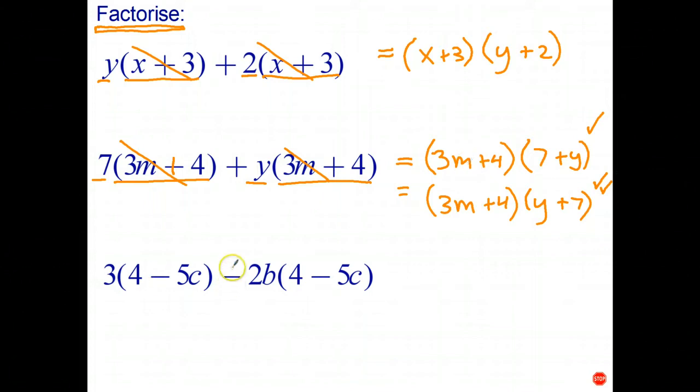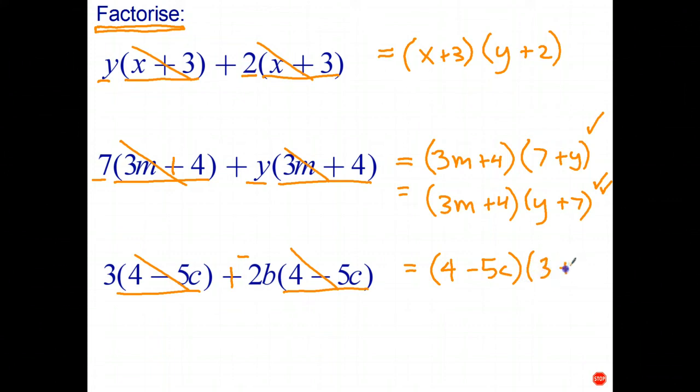We can change that to a plus negative. Yep, I do have it the same this time. Or you could leave it as a subtract. I'll change it to a plus negative just to be consistent, but you could just leave it as subtract 2b. Once again, the common factor is the 4 take 5c in brackets. So we write the highest common factor out front, cross it out, and I'm left with either 3 subtract 2b or 3 plus negative 2b, whatever you choose to do.